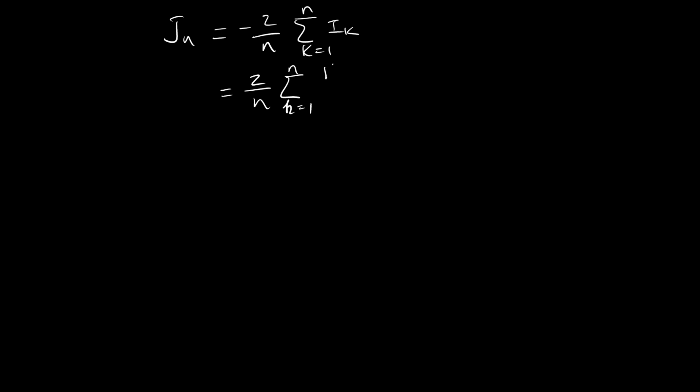Okay, so what that means for us is that Jn is the same as negative 2 over n, the sum from k equals 1 to n of ik, which we also saw could be represented as positive 2 over n, the sum from k equals 1 of hk over k.